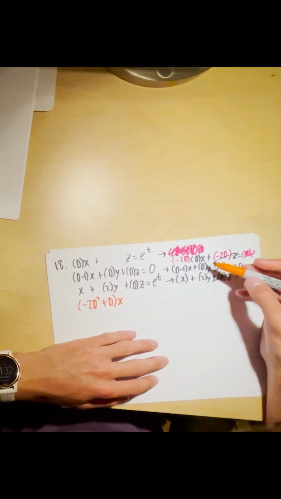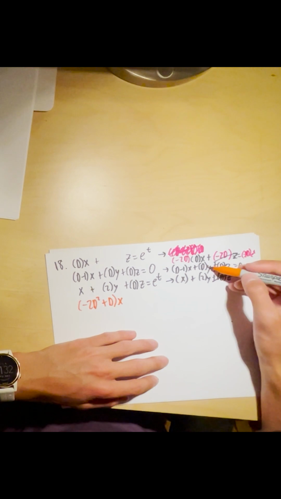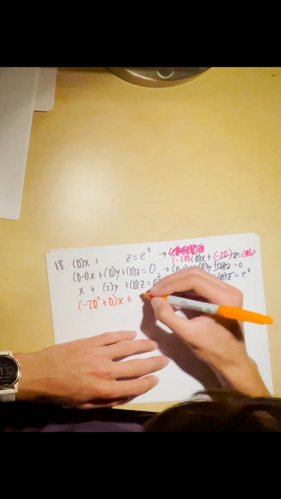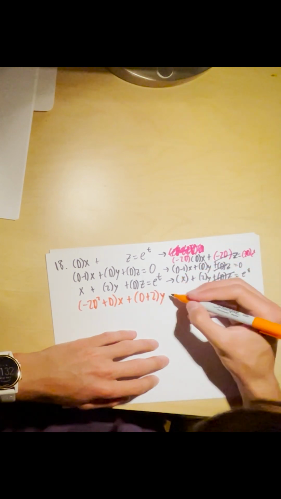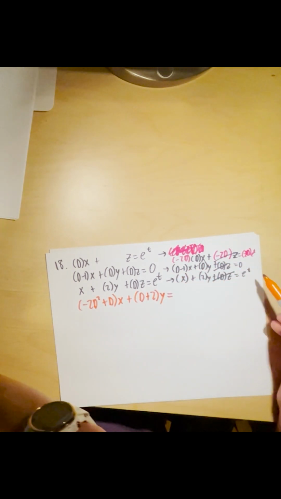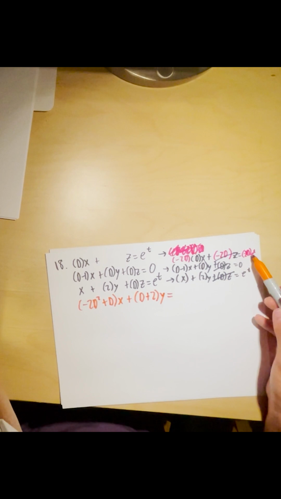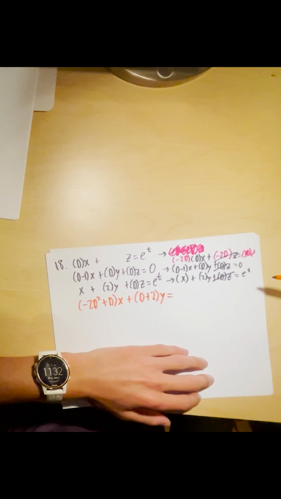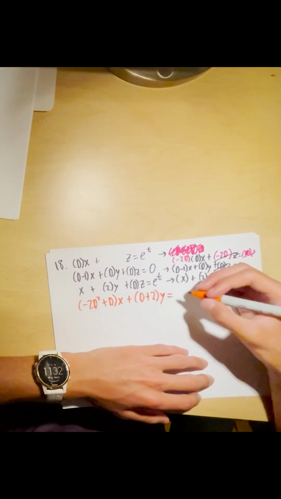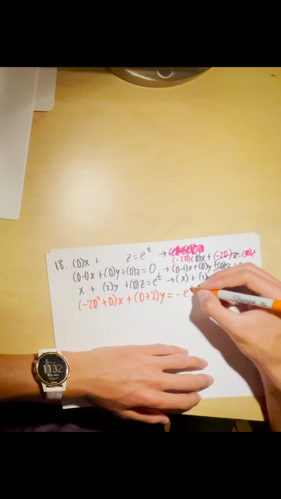And then for y's, we have a Dy and a 2y, so we can put those together: D plus 2 of y. And then it'll equal, if you take the derivative of e to the t, we get e to the t, and we multiply that by negative 2, we get negative 2 e to the t, plus e to the t is just negative e to the t. And that's our first equation.